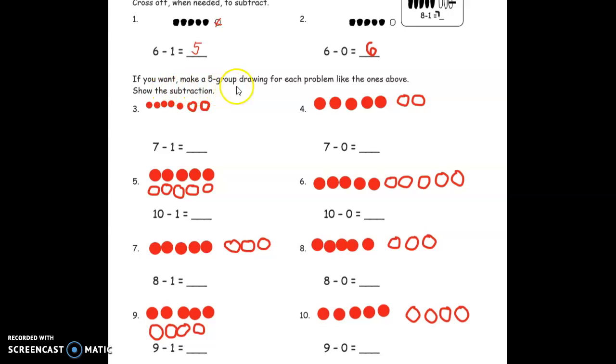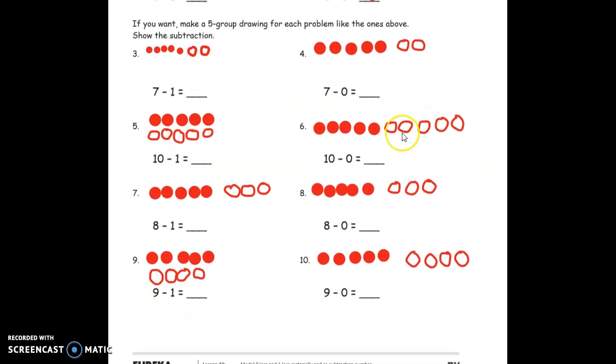If you want, make a 5 group drawing for each problem, like the ones above, and then show the subtraction. I have already went ahead and made our 5 groups for these problems 3 through 10. You can color in circles and make blank circles like I have if you would like. If not, we'll get to that later together. Follow along with me.